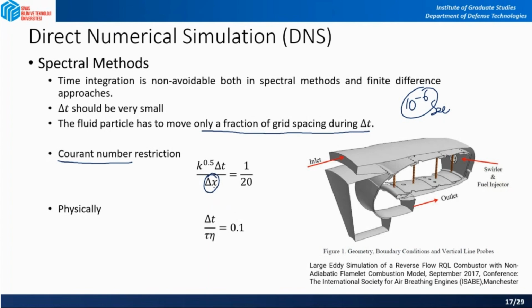For delta x selection, delta x is determined from the physics of dissipation, but for delta t, you have to resolve the actual motion, and these are the restrictions that you can use for your delta t in your simulation.